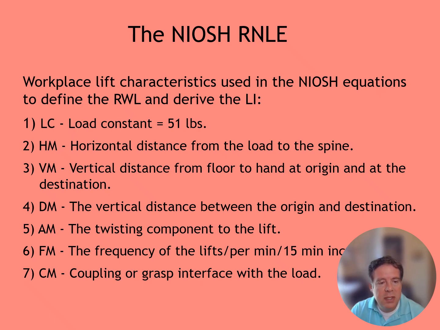What's usually also difficult is that when they give this equation, for example on the CIH exam, they won't give you HM, VM, DM times all of this. So you have it, but you have to know what they mean. AM is the asymmetry multiplier, so it's less obvious. The frequency is how many lifts per 15-minute increments. The coupling is how you're grasping that object.